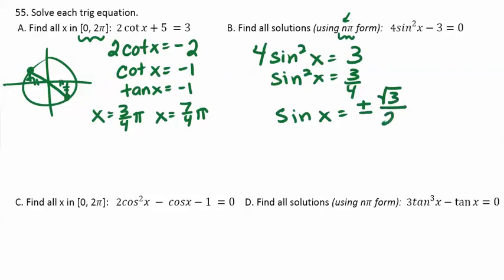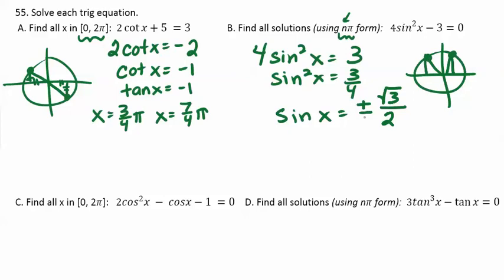The square root of 4 is 2. And we recognize this is the long leg of a 30, 60, 90. So again, you don't have to keep drawing these unit circles, but we're thinking of the places where the sine is either positive or negative square root of 3 over 2. So I hope at first you think of a 30, 60, 90 triangle in quadrant 1, and then you realize that the other place where the sine is the same thing is straight across.